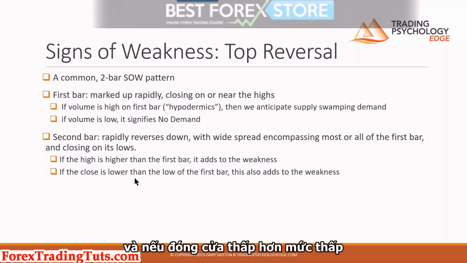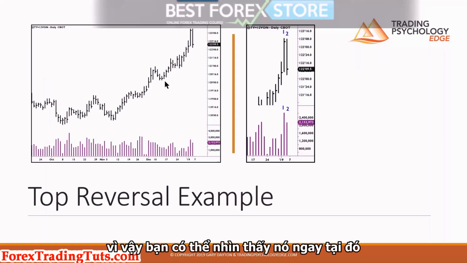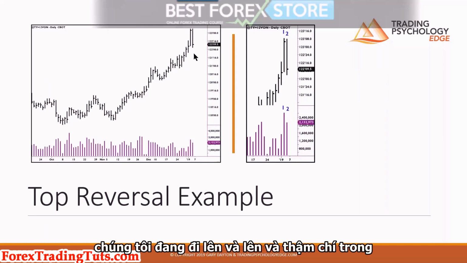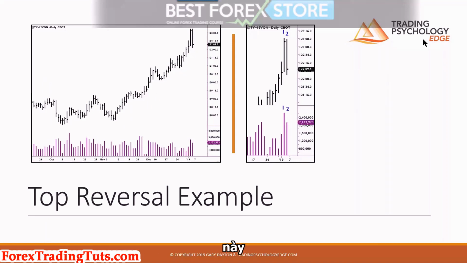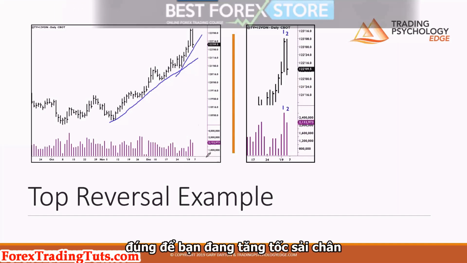And if the close is lower than the low of the first bar, it also adds to the weakness. So you can see it right there. We're going up and up and up, and even in this, we're accelerating. It's a little subtle, but you're going up, and then you're going up, right? So you're accelerating. The stride accelerates.